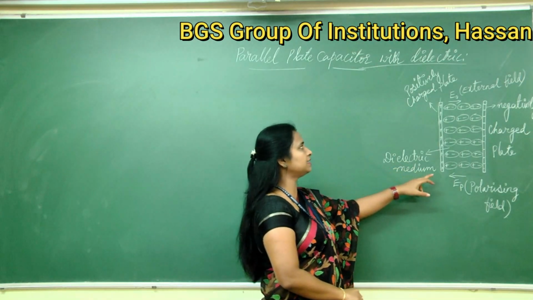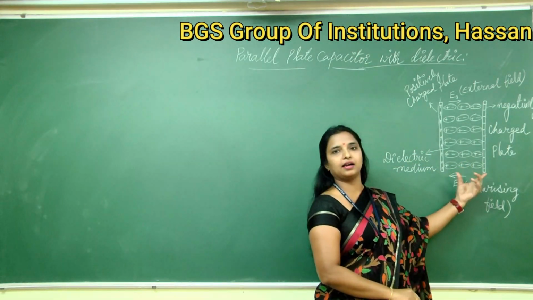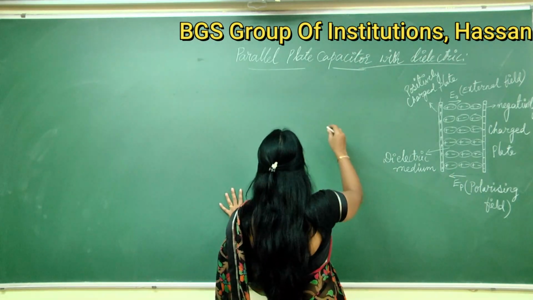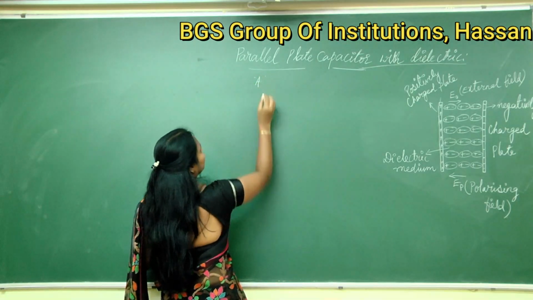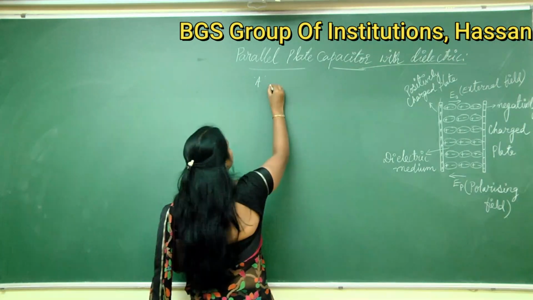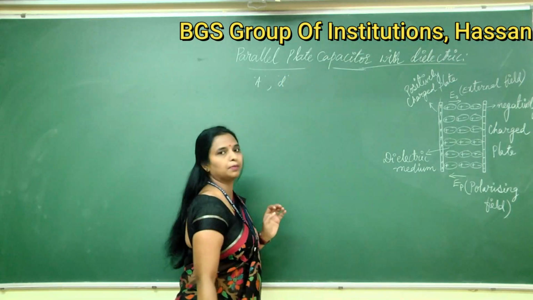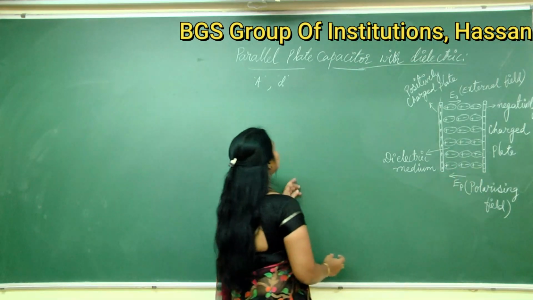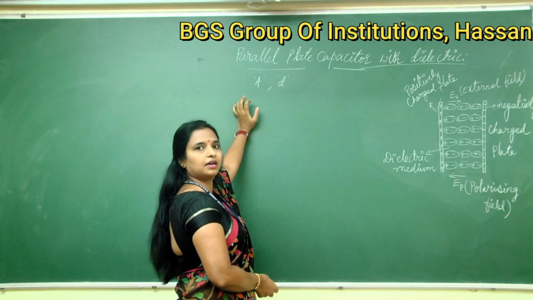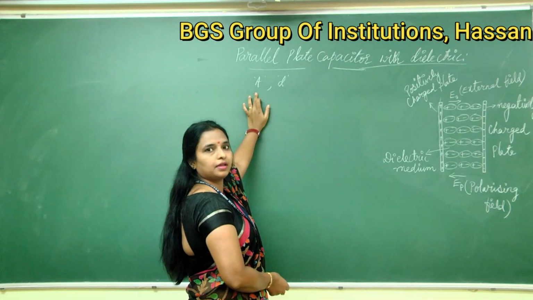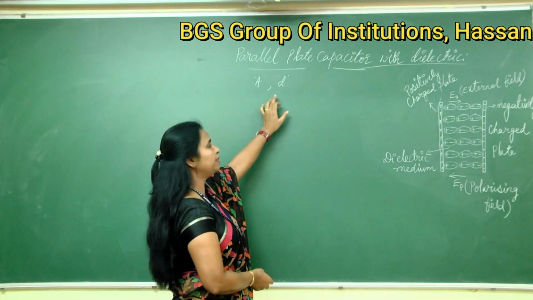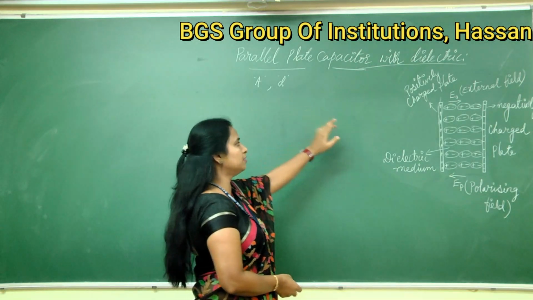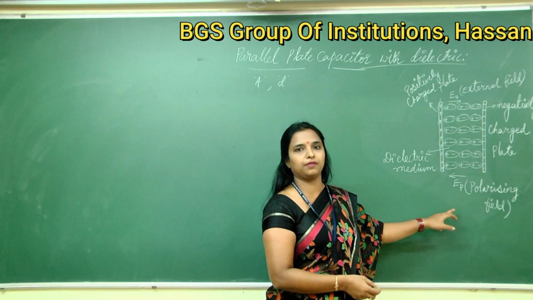So we will first consider two parallel conductors of large area A, separated by a small distance D. The separation between the two parallel conductors is D, and the area of the conductor is A. Since the distance between the plates is very small, the electric field between the two conductors is almost uniform.